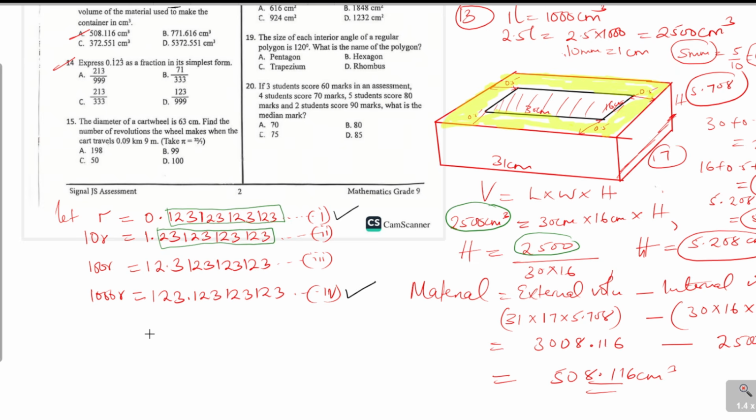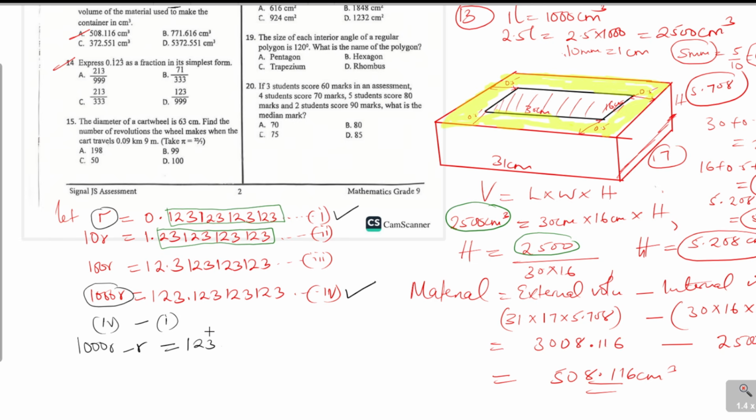From there we take equation 4 and subtract equation 1. So 1,000r minus r is equal to 123 minus 0.